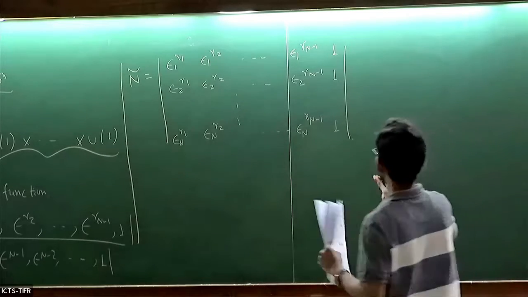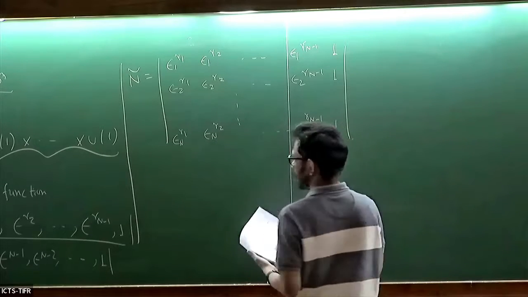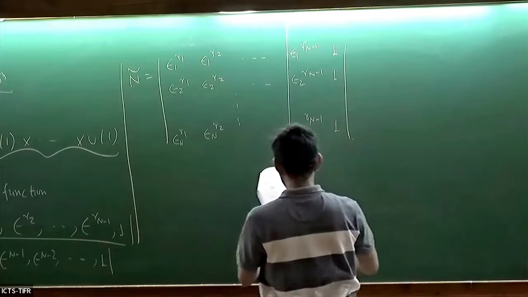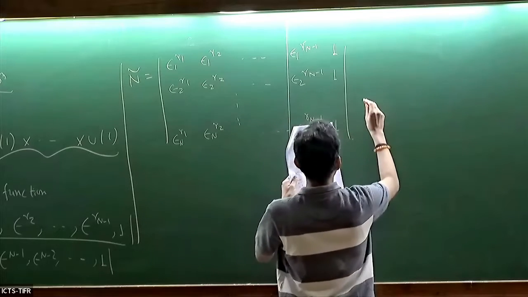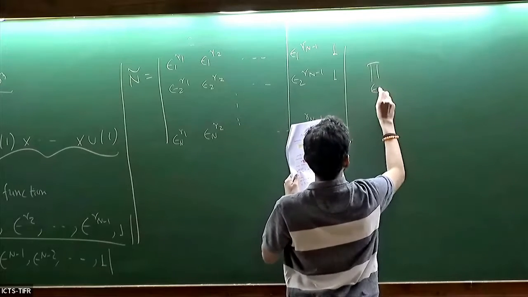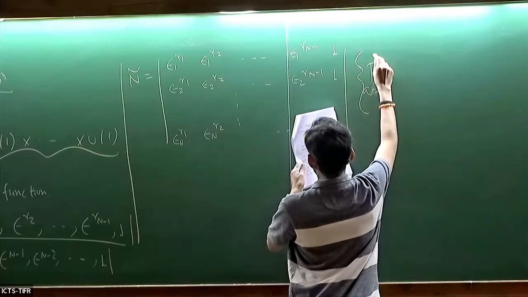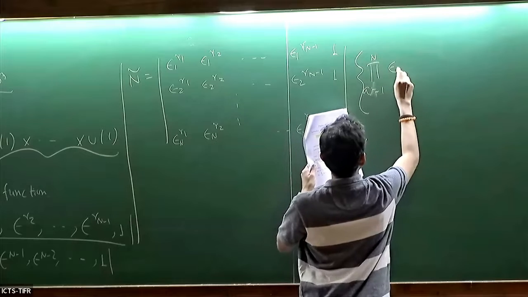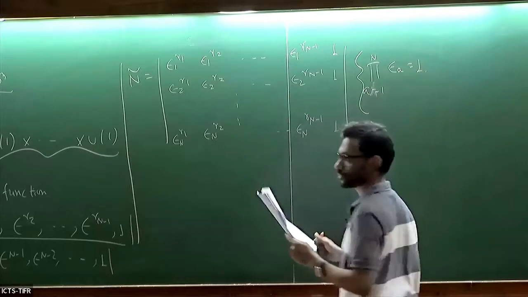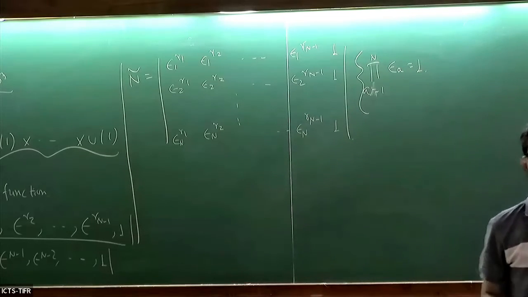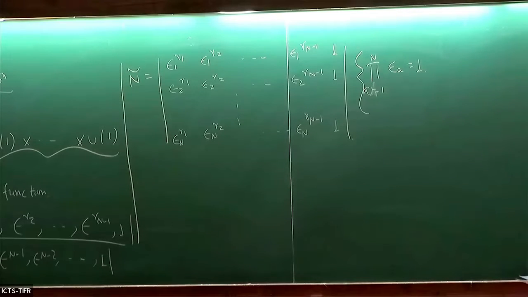And what is this epsilon? The epsilons are basically these maximal torus coordinates here, and the property is basically the product of epsilon A from A equal to 1 to n equals 1. So this is the condition on these epsilons.